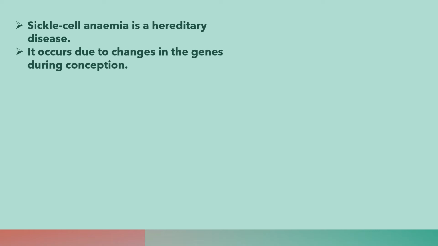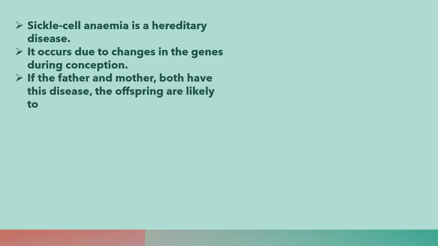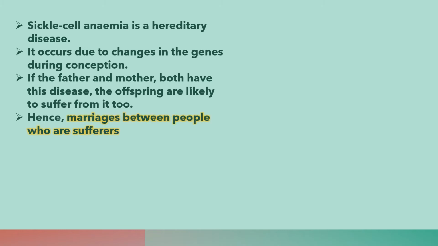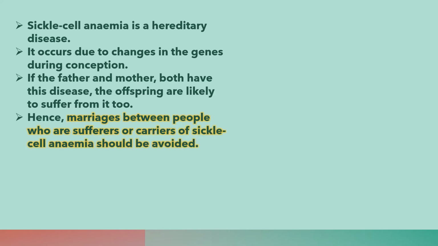It occurs due to changes in the genes when fertilization is taking place, or conception, or the birth, the starting of the formation of the child. If the father and mother both have this disease, the offspring of the child is likely to suffer from it too. Hence, marriages between people who suffer or carry the sickle cell anemia disease should be avoided.